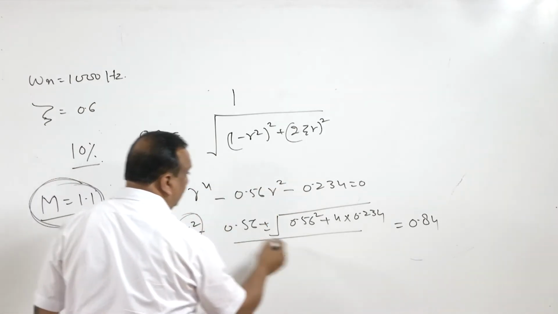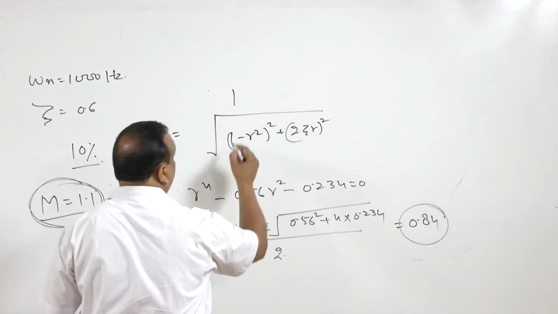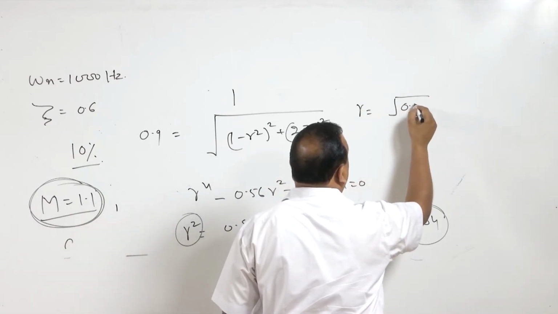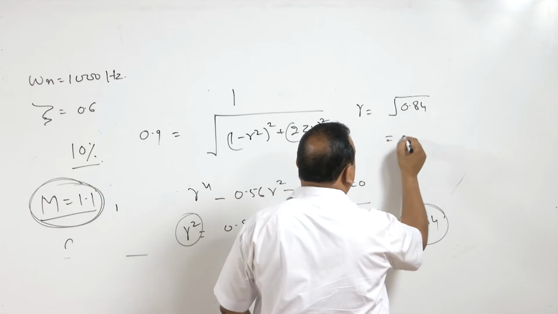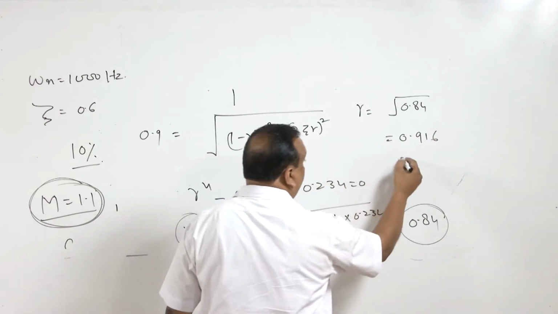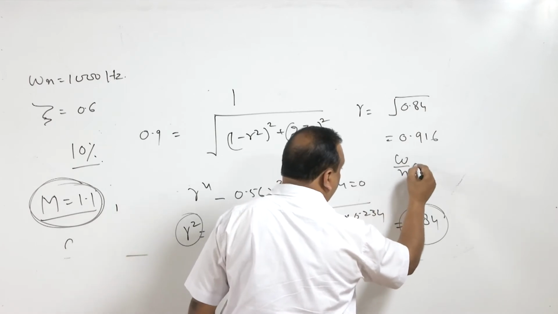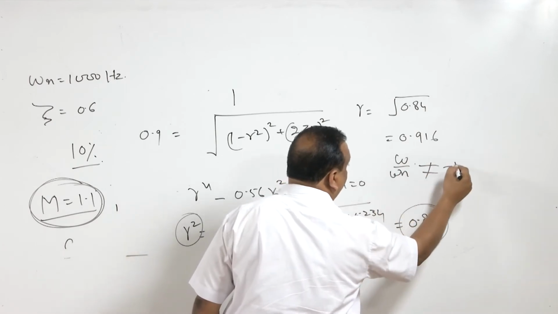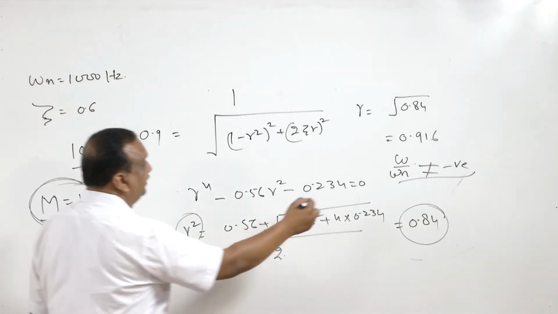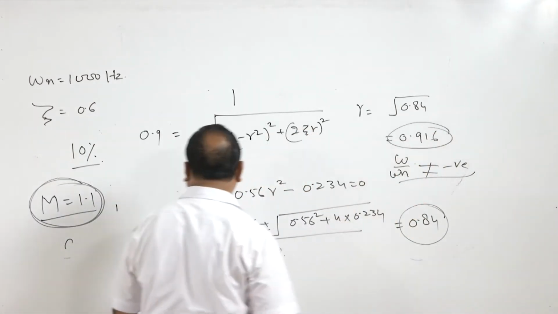So r is equal to under root 0.84, and it is going to be 0.916. We will not take the negative, because omega by omega n can never be negative. So r is 0.916.